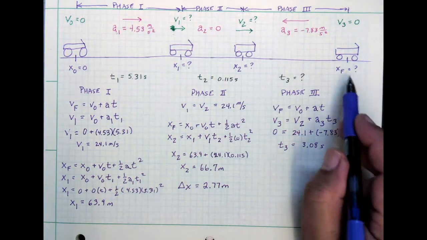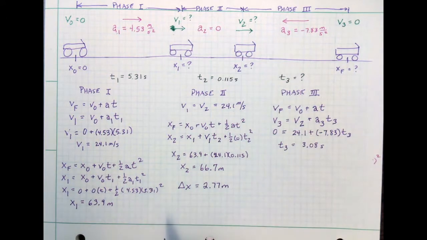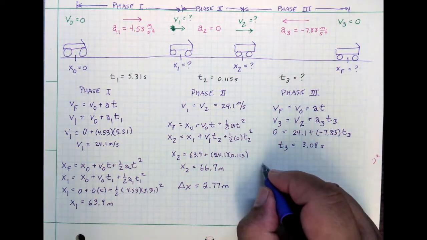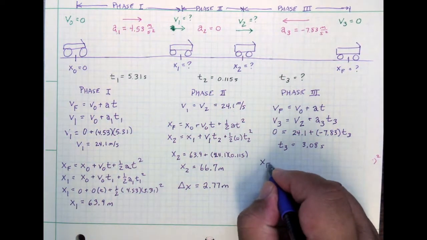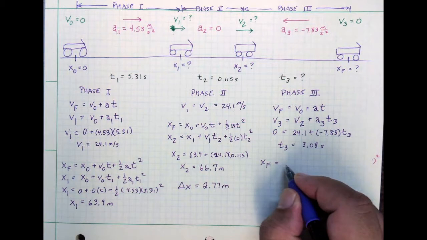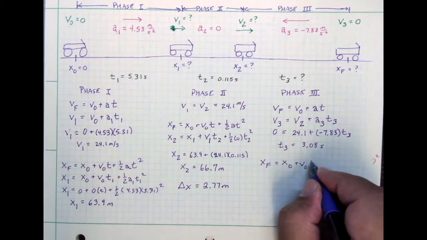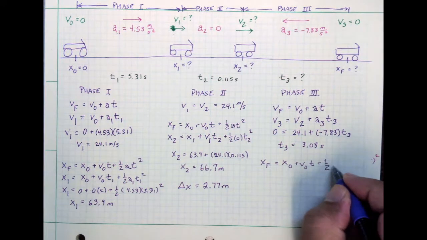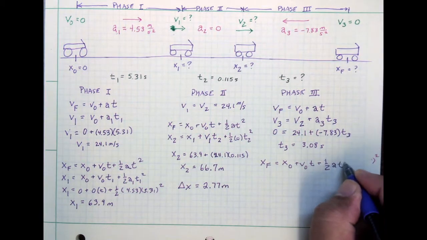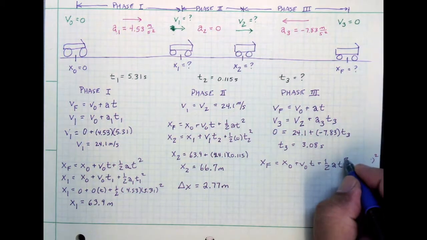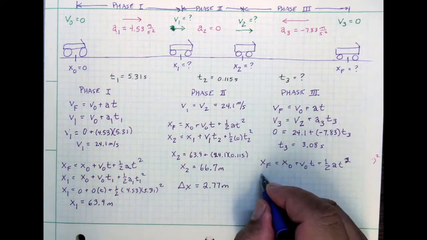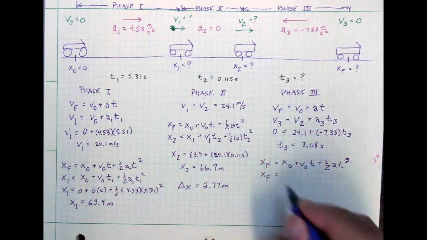Now we have everything we need to find the final position of the motorcycle so that we can determine whether the motorcycle hits the deer. So once again, we turn to the equation of position and get ready to plug in the values now for phase 3. X final is what we need.